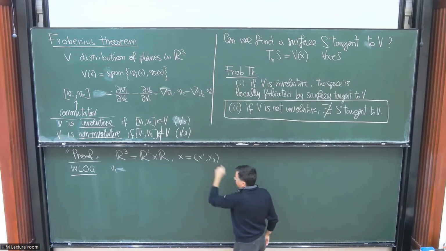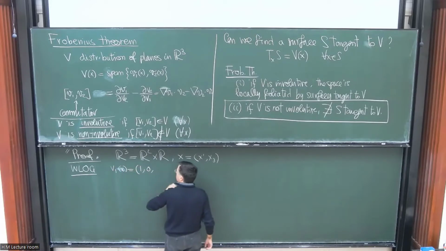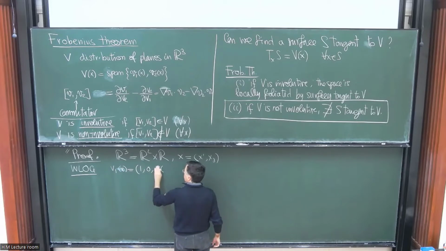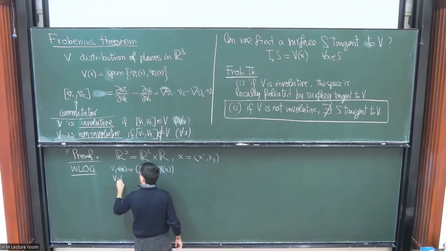This is the vector of the first two variables. And so you can assume without loss of generality that V1 of X is of this form, (1, 0, and here is some vector function), and that V2 is of this form.